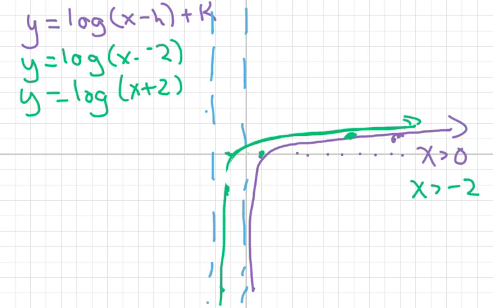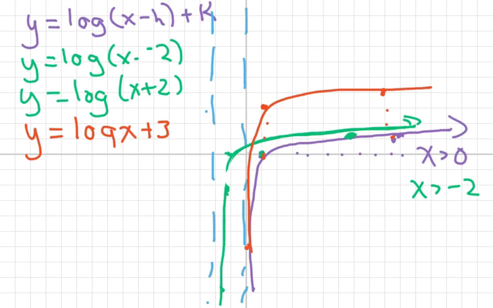All right, now for the vertical shift, let's just do log of x shifted up by 3. So I'm going to take my original and go up by 3. So 1, 2, 3. I just shifted the whole thing up by 3.